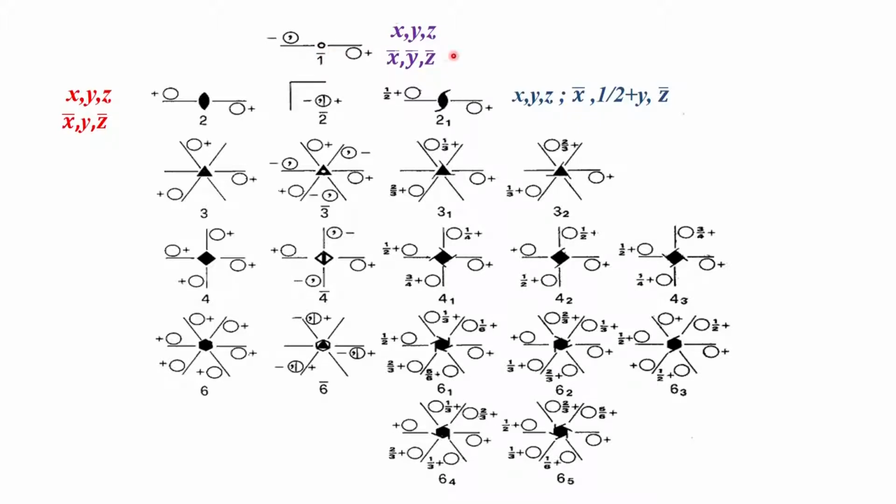Then you see that 0, 0, 0 and minus 0, minus 0, minus 0 will represent the same point, and therefore, the number of objects that will get repeated in this point group operation will remain the same. In other words, there will be only one position, and that is referred to as a special position. So, in this special position you will have the object both positive and negative indicated at that particular position.